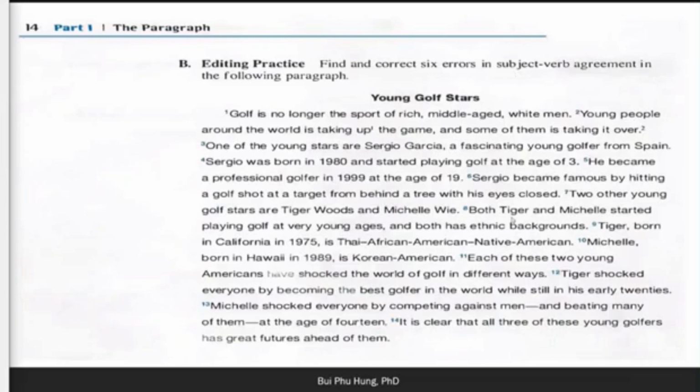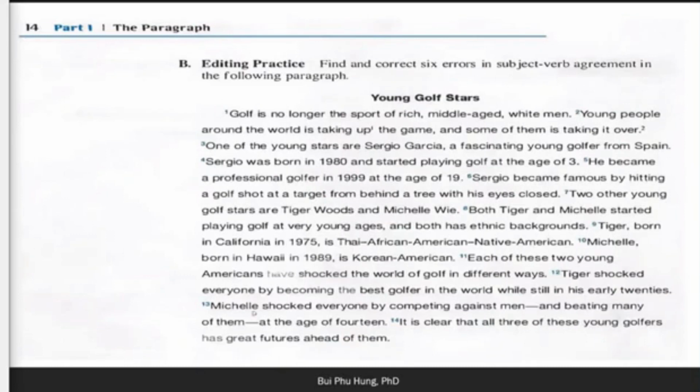Cô đọc lại. Yeah, maybe another. Cô đọc lại câu đó đi. It's clear that all three of the young workers have great future ahead of them.